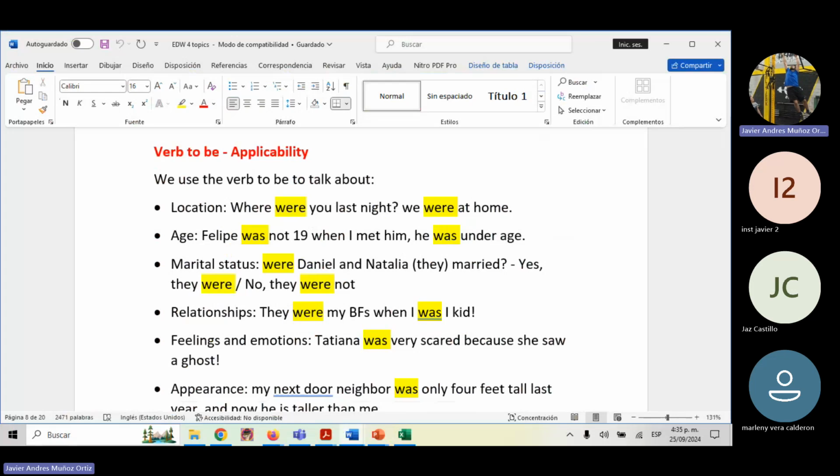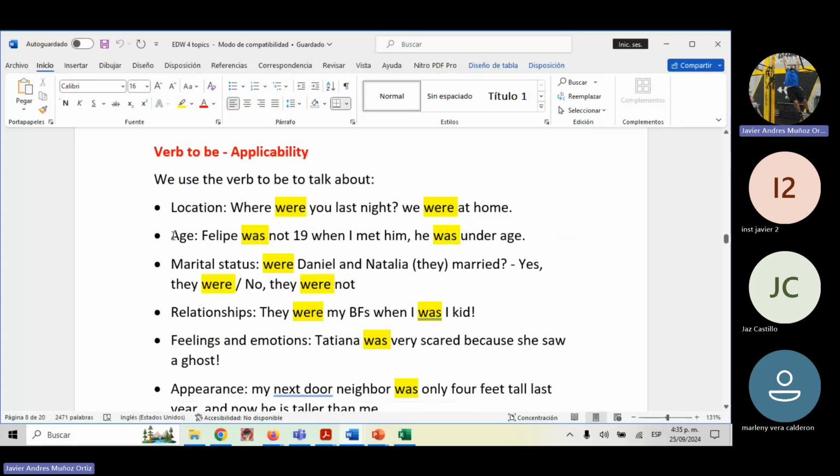All those reasons why we studied verb to be in simple present tense are the same reasons why we study verb to be in past tense. So instead of saying, for example, I am at home in this moment, we could say, I was at home yesterday. Obviously, the context changes because I cannot be here today and at the same time not being here today, right? So we need the context.